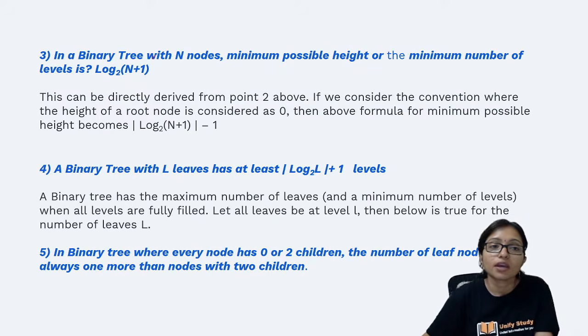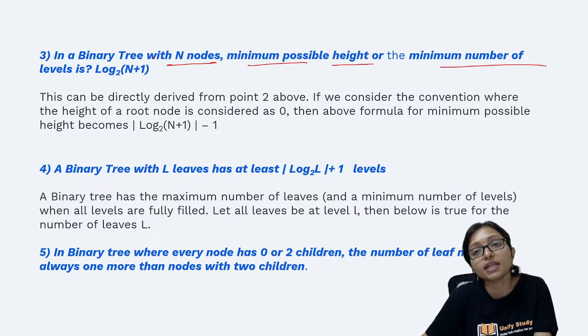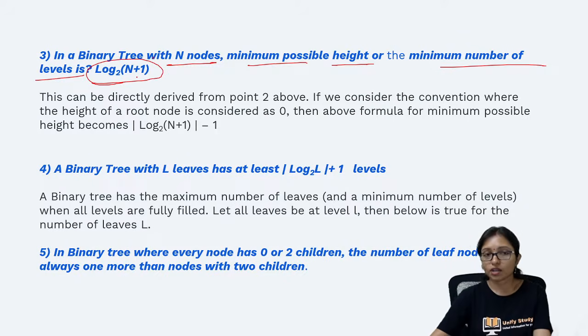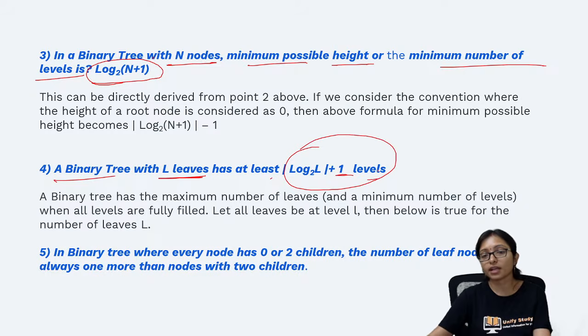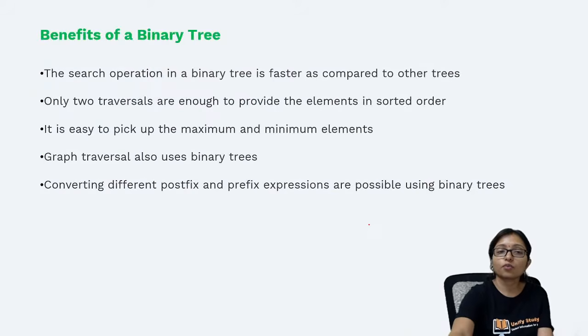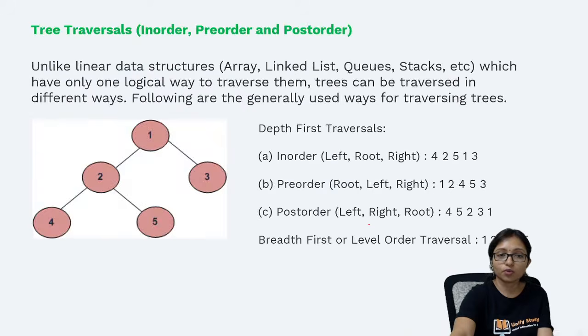When the binary tree has n nodes, the maximum possible height, or the minimal number of levels, will be log base 2 of n plus 1. In a binary tree, if L leaves are there, there will be at least log 2 L plus 1 levels. These are very important formulas. Write down all these formulas.